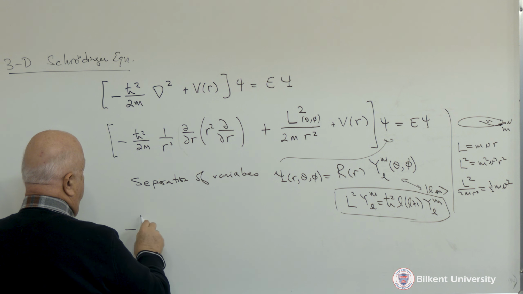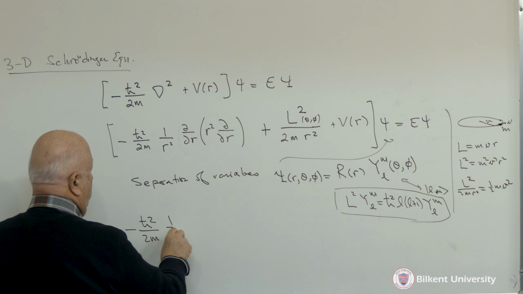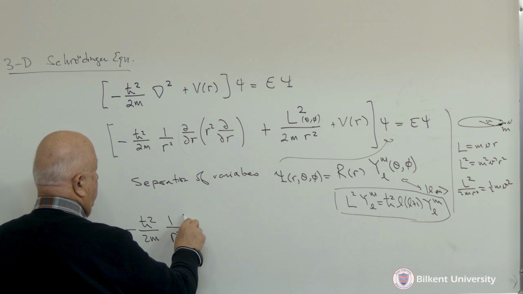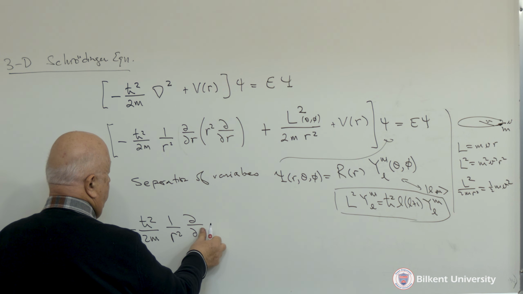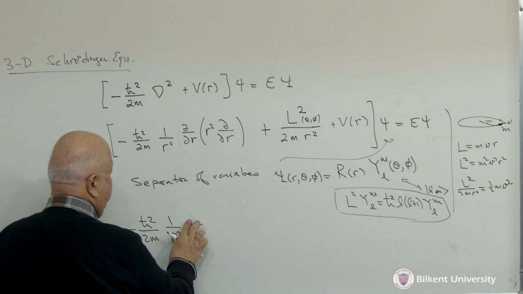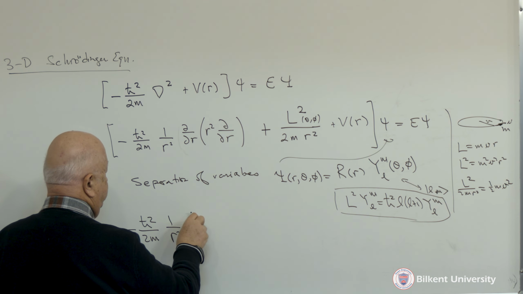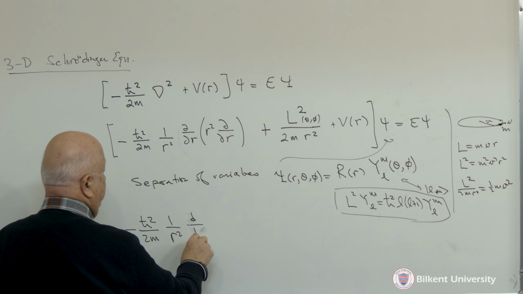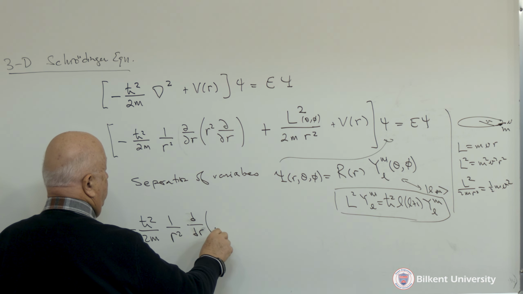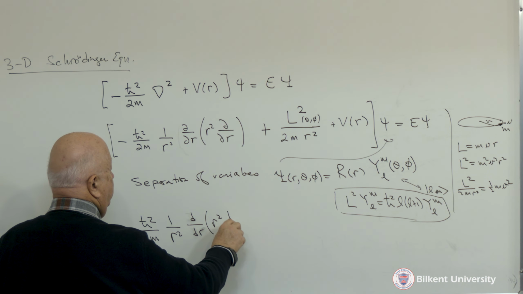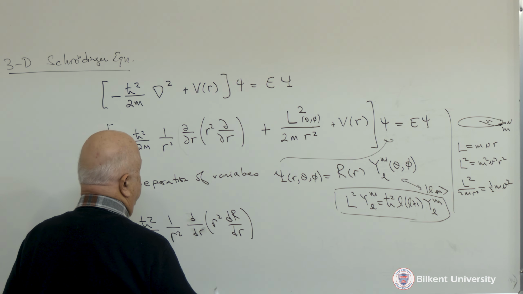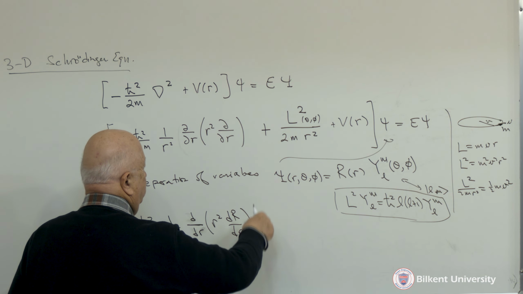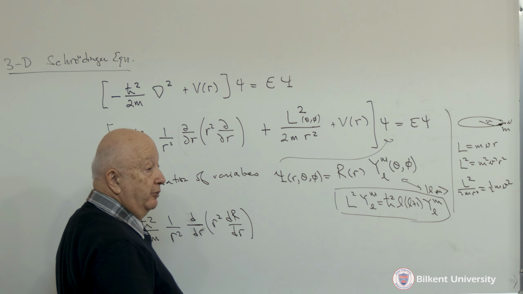So I'll get minus h bar squared over 2m, 1 over r squared, d/dr. Well, no longer partial derivatives. I can have these as ordinary derivatives because I'll be differentiating capital R only, r squared dR/dr, times Y_lm, but Y_lm will be present in all of the terms, so I'm going to cancel them.